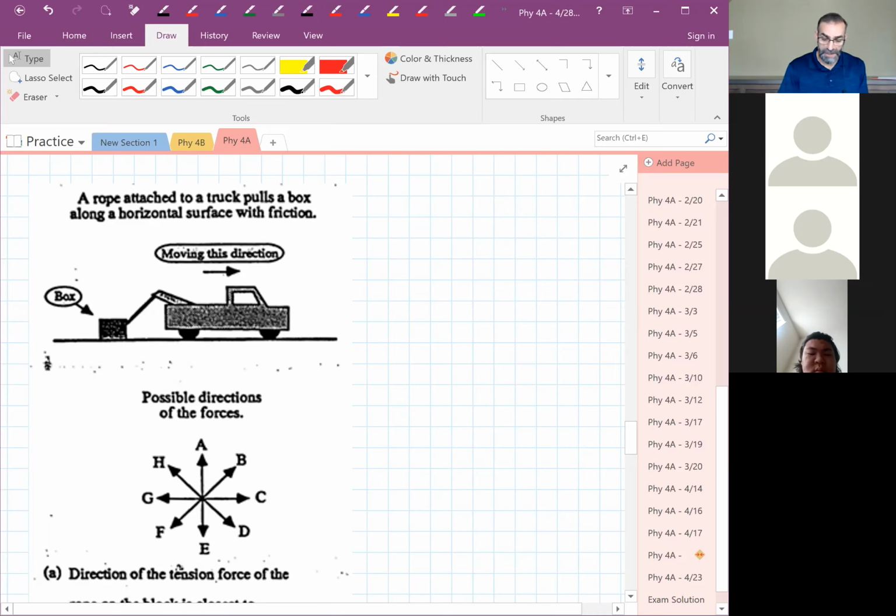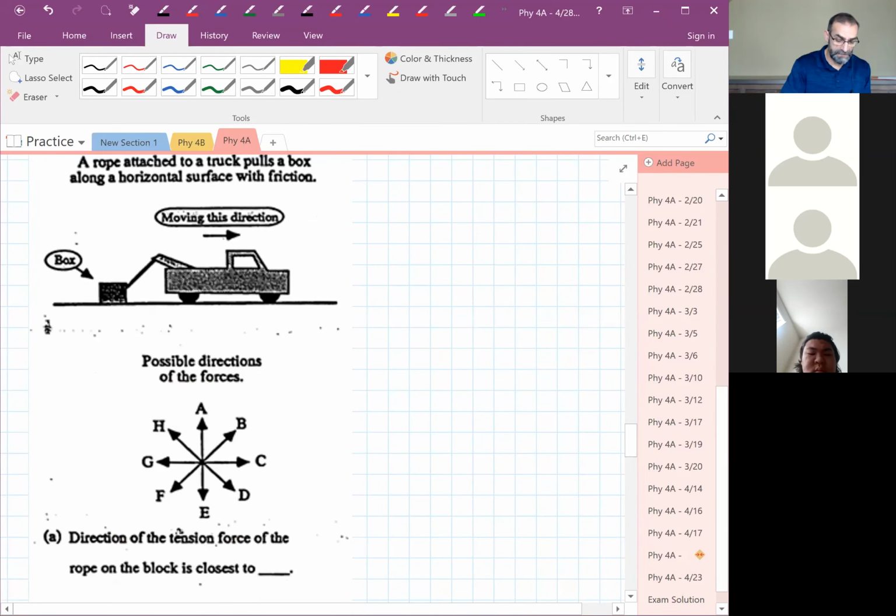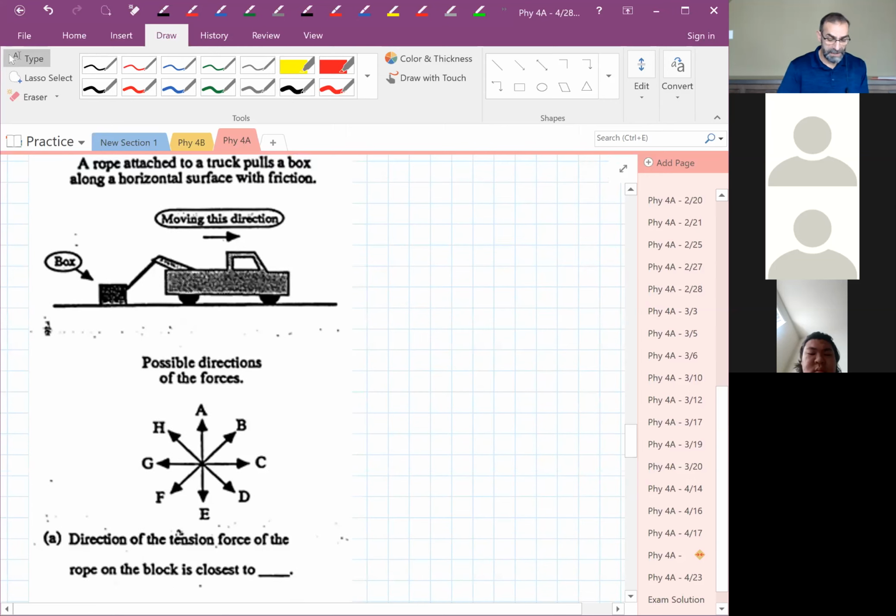And so you're going to pick the best direction from one of these directions for each of these items here. Start with the tension force on the rope. The tension force from the rope on the box is closest to what direction? Tension force of the rope on the box.